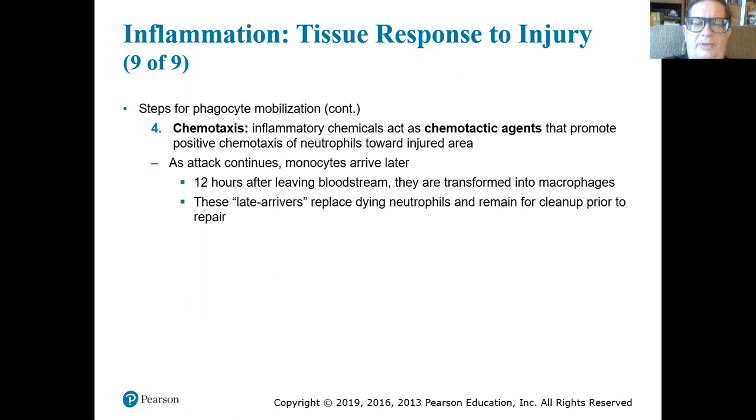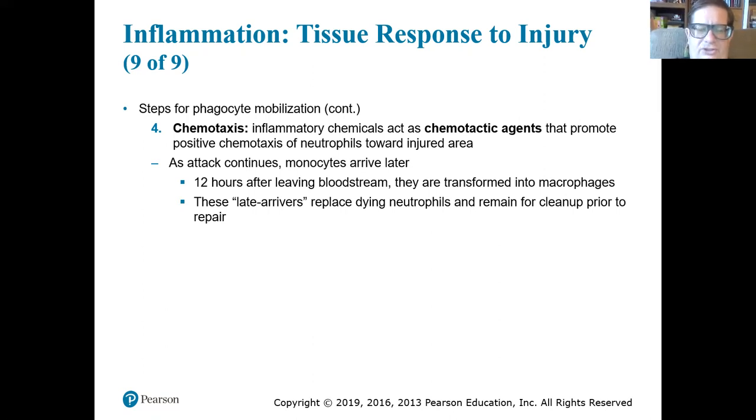But they're probably going to be overwhelmed and dying in the process of the battle with the bacteria. About 12 hours later, the big eaters, the macrophages, are going to show up. Actually, they're going to show up as monocytes that will then grow into macrophages. They replace the dying neutrophils, and they're going to stay afterwards to help clean up the pieces of all the damaged cells.